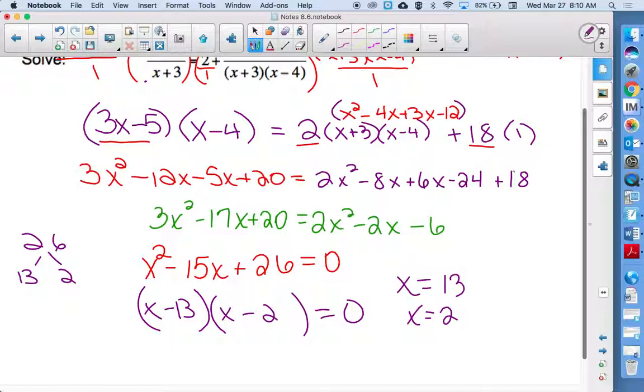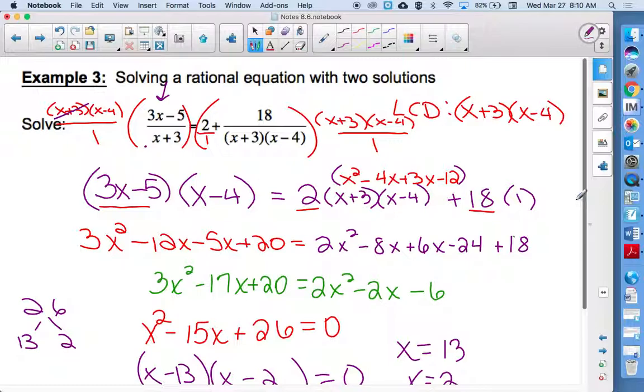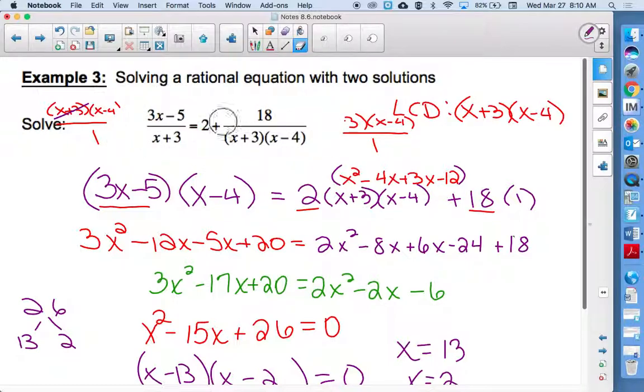Good bit of work involved. The last thing, make sure you go back and check. And I know you've already done a ton of work to get to that point. Use your calculator if necessary, but go back and check to make sure that the 13 and the 2 are correct.